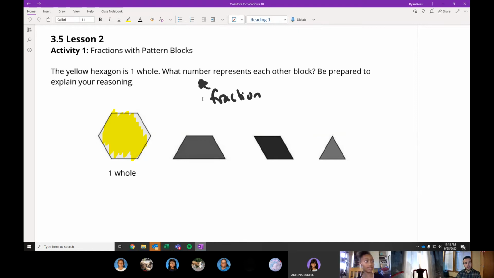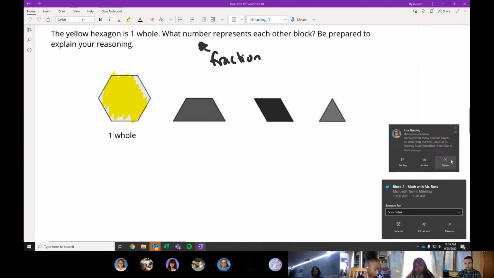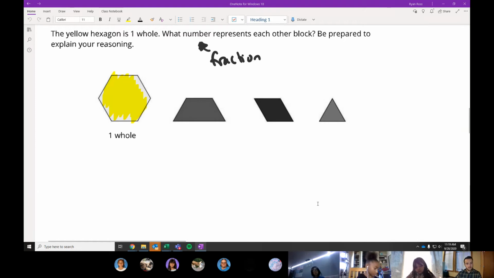Okay, how can we represent each of these blocks as a fraction of this yellow hexagon? Any ideas? How many times can this trapezoid be used to get the entire area of the hexagon?